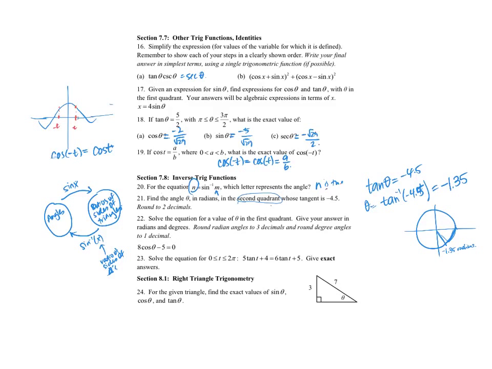So what I can do is I can go all the way around to 180 and then go back that amount. So if I do, sorry, not 180, if I do pi minus 1.35 radians, I will get the angle 1.789 radians, or 1.79.